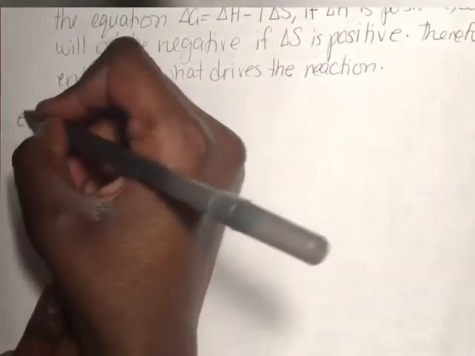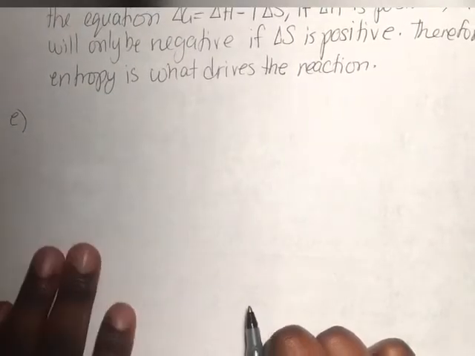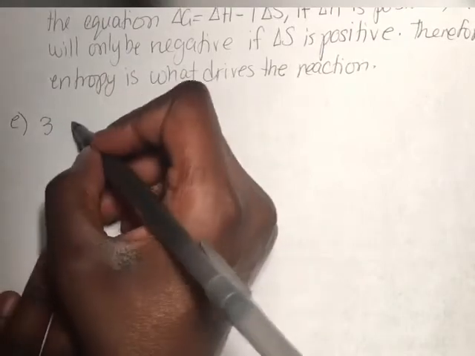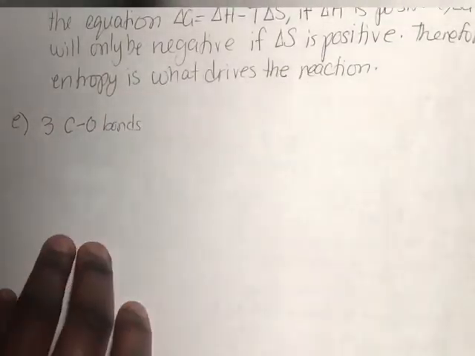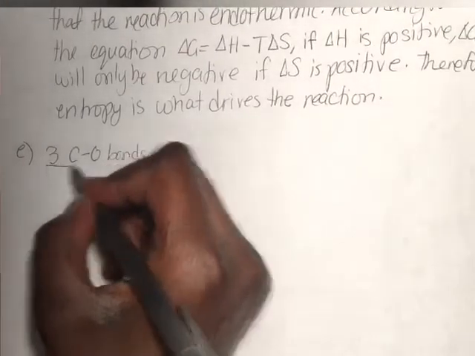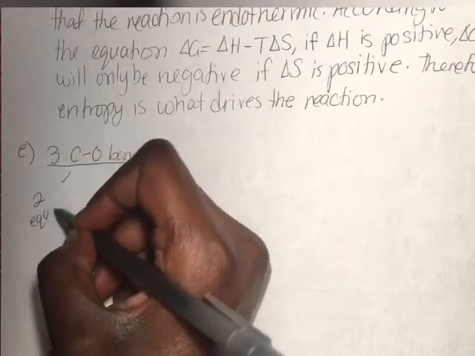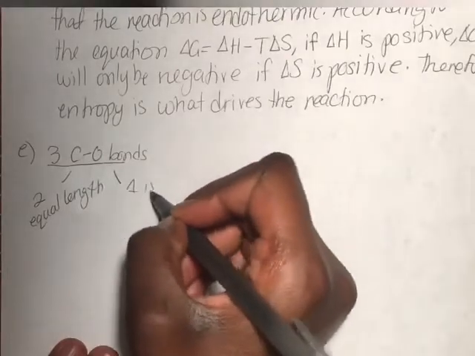Part E. The HCO3 minus ion has 3 carbon to oxygen bonds. Let's note that, 3 carbon to oxygen bonds. 2 of the carbon to oxygen bonds have the same length, and the third carbon to oxygen bond is longer than the other 2. So of these 3, 2 have equal length and 1 is longer.